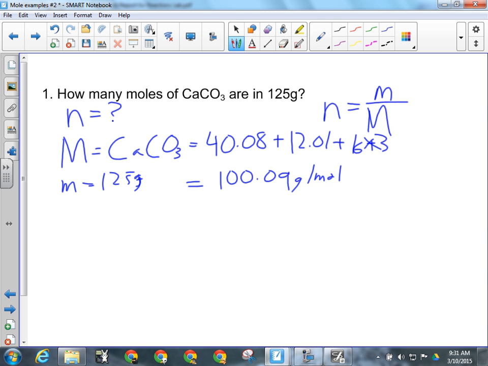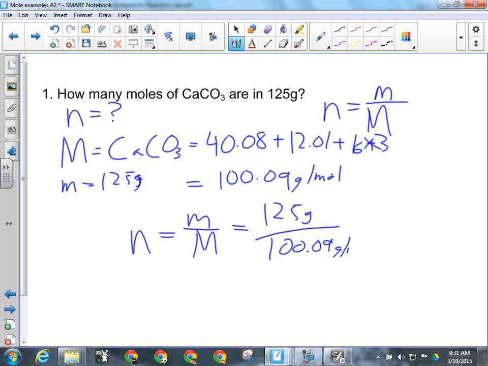I have the molar mass there already. Now I need to calculate n. So n equals little m over big M. Do I need to move anything around? No. Okay, not in this one. It's already set up for n, and that's what I'm looking for. So I just plug in my numbers. Okay, 125 grams divided by 100.09 grams per mole.